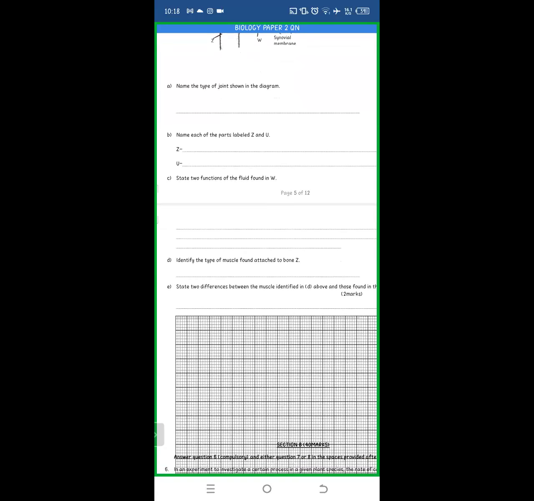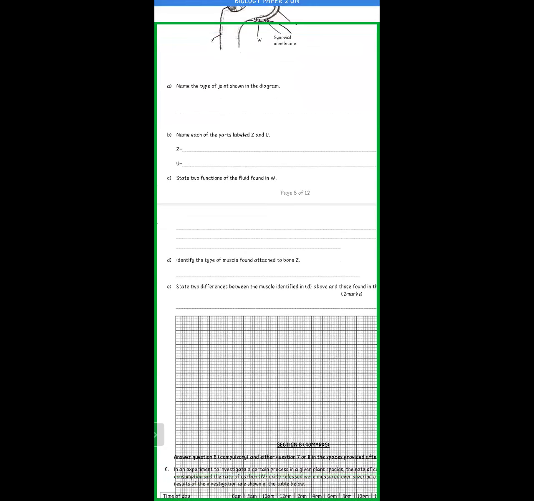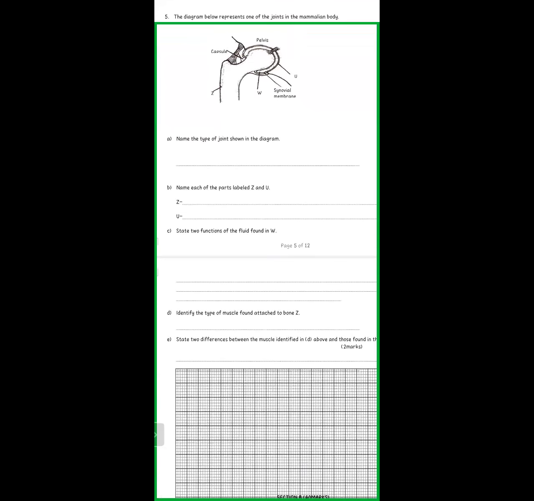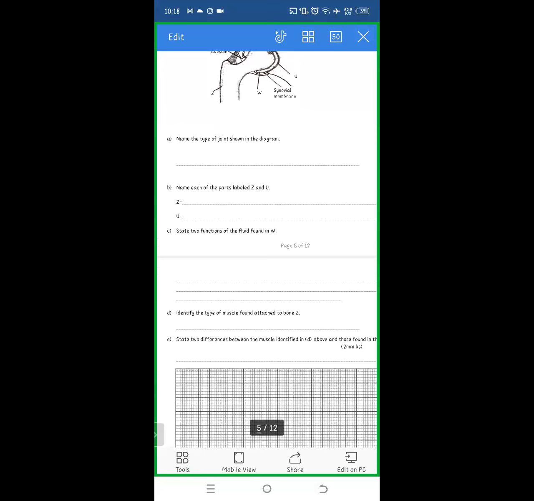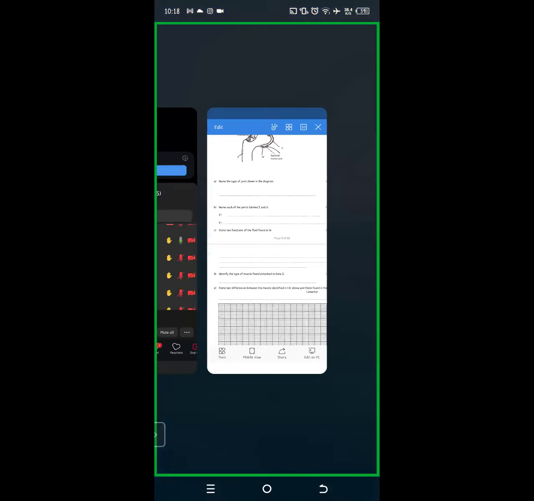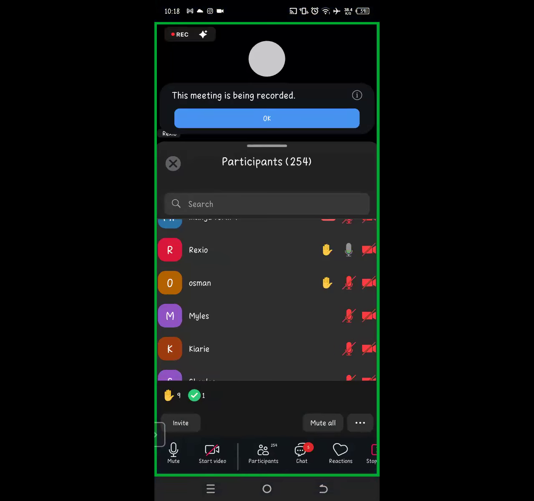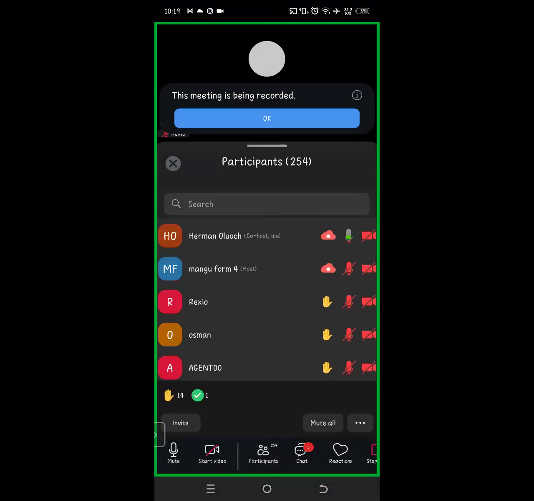Let's proceed to the next one. State two functions of the fluid in W. So how would we call that fluid and what are its functions? We can have other people also giving us responses.